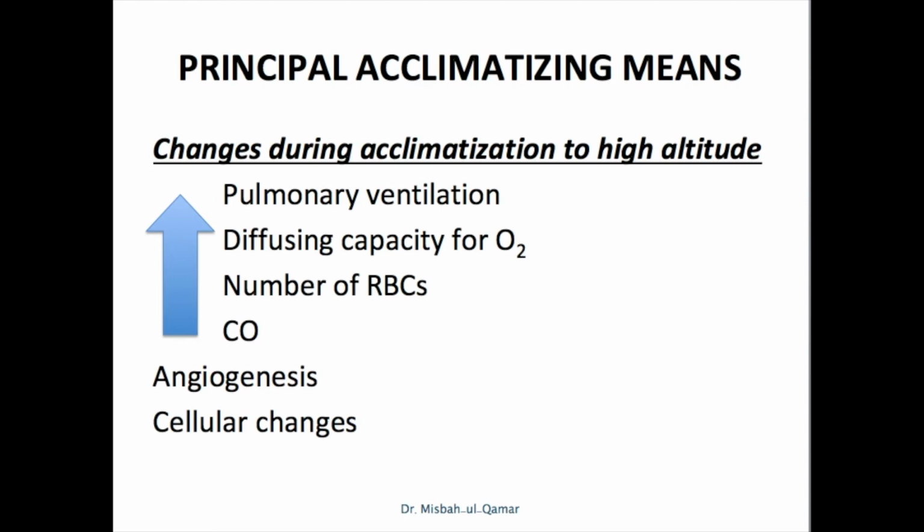Surprisingly, there is an increased ability of tissue cells to use oxygen despite low partial pressure of oxygen. Other acclimatizing means include decreased affinity of hemoglobin for oxygen and increased cardiac output, which is increased by 20 to 30% for few days.